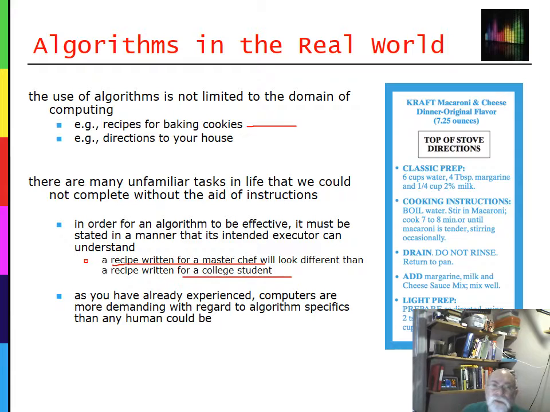They just know this from experience, whereas a young college student would not. You have to remember that your computer is not a master chef. It's not even a college student. It's a dumb machine. You are the one giving it the brains. So that's why they talk about that in this little paragraph about how demanding computers can be.